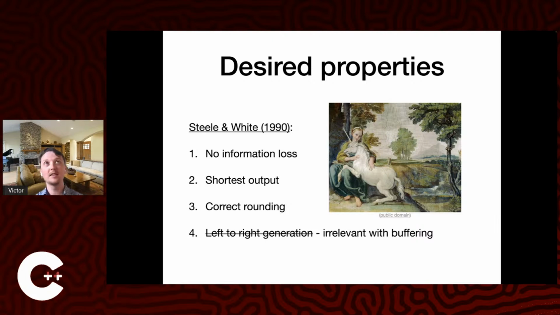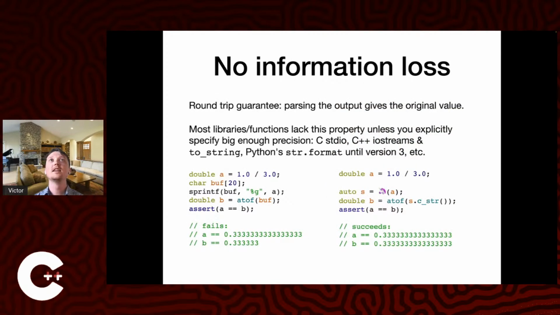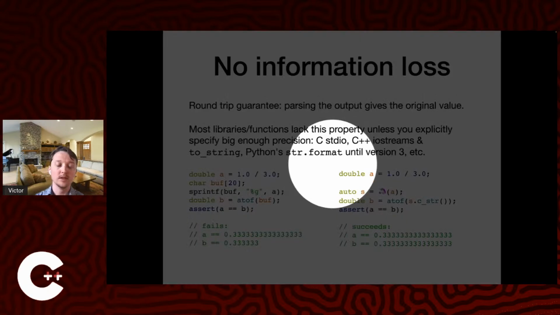These properties were written down by Steele and White in the seminal paper back in the 70s, I think, but then it was republished in the 90s. So first, no information loss, a kind of round trip guarantee. We want some hypothetical unicorn function here.